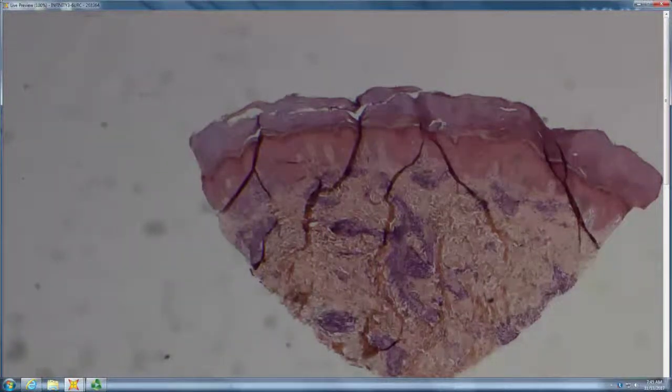And is that where most of the activity is, or is most of the activity above that? Above it. So what's above, this is a trick question, the postcapillary venule? The capillary. The capillary! Yes, okay, so what's above the postcapillary venule is the capillary, right? So this is a lymphocytic capillaritis.